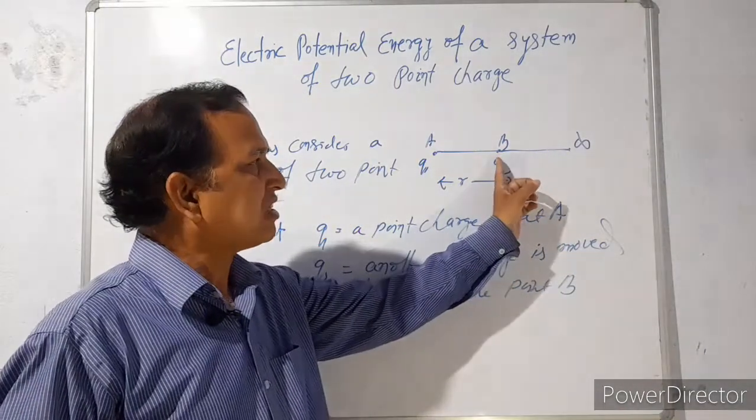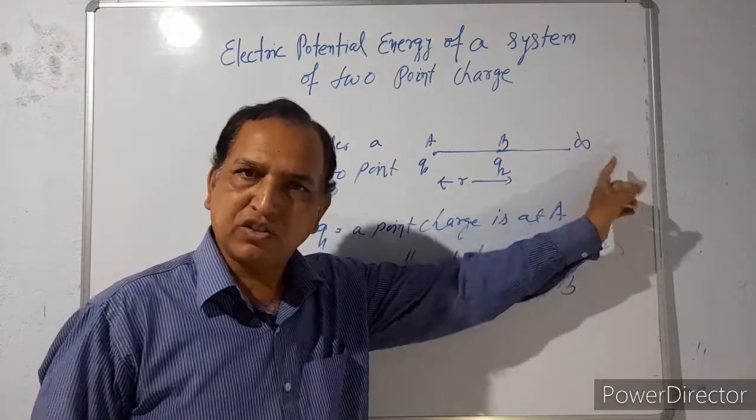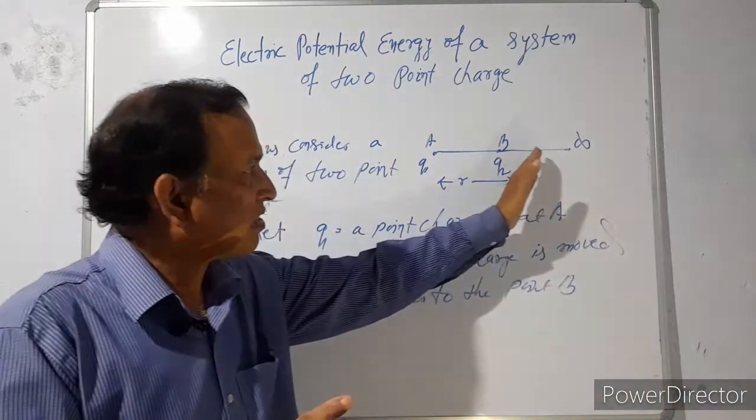That means the charge Q2 is at infinity. Now this charge is moved towards B.